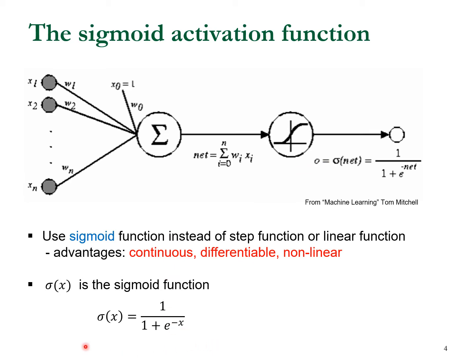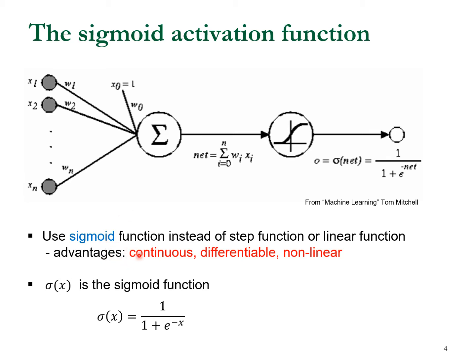Down here, it shows the definition of the sigmoid function. Given a value of x, this is the definition of the sigmoid function, and the shape of this sigmoid function looks like this. So that's the sigmoid function in a neural net. The advantages of using a sigmoid function are the following.